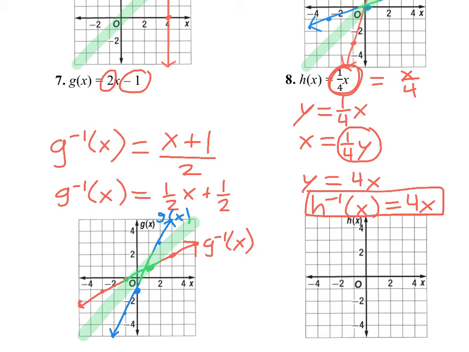Okay, graphing the original, we have a y-intercept of 0, and the graph goes up 1, right 4. The graph also goes down 1 and left 4.